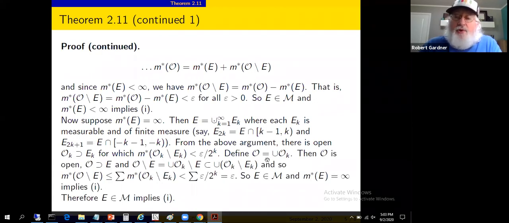So the union of the O sub k's, set O, covers the big set E. So we've got E covered by an open set O. O set minus E would be, because we define O to be the union of the O sub k's, the union of the O sub k's, set minus E. That's a subset of the union of the O sub k's, set minus E sub k.